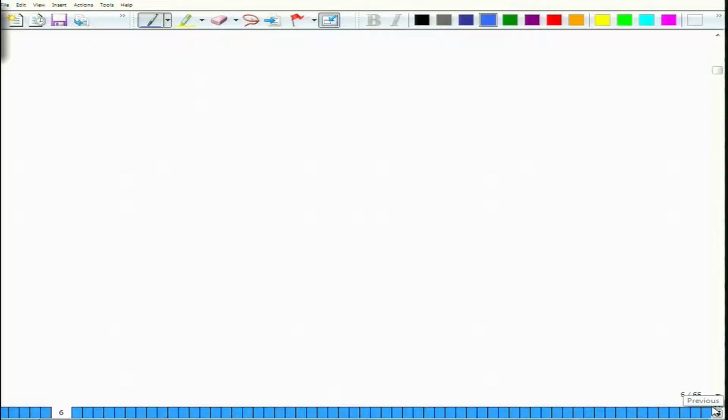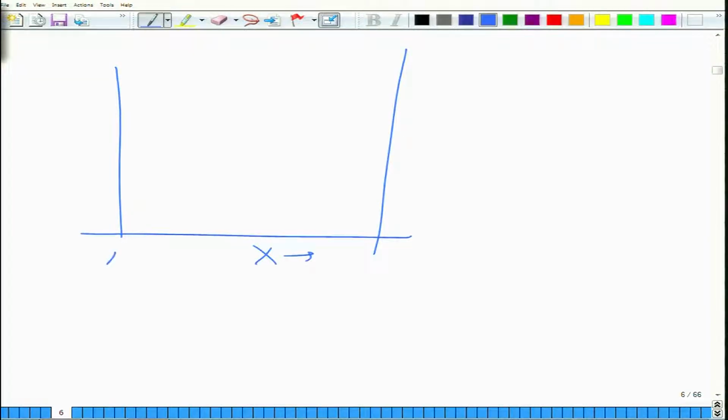So if you consider pure A and pure B, so let us say this is the composition space, this is A, this is B, and this is, let us say, temperature.